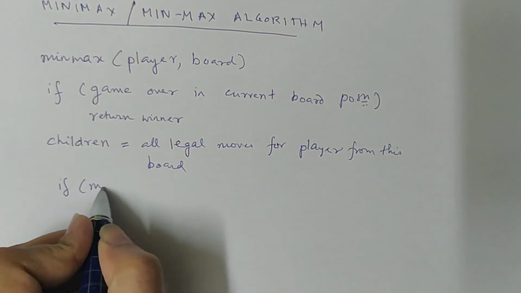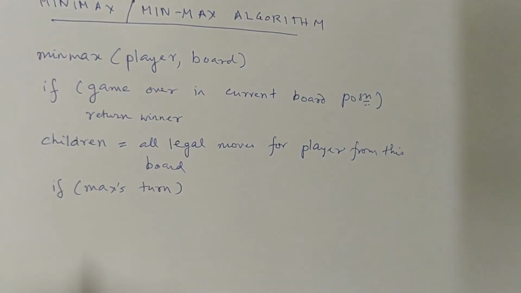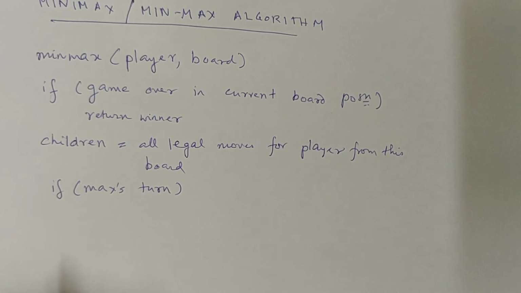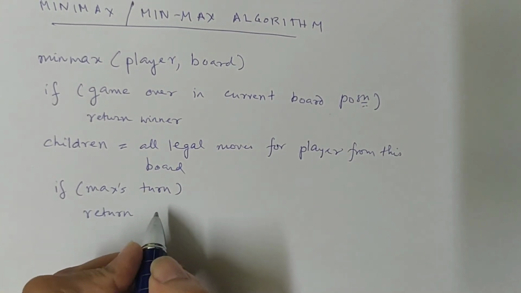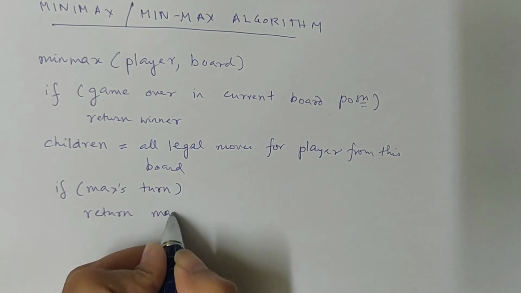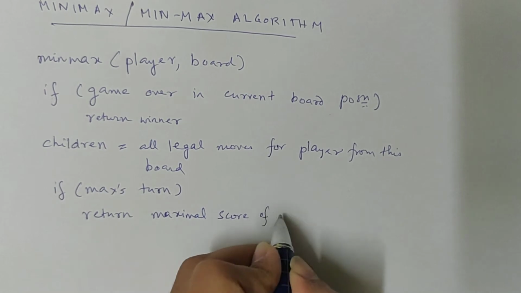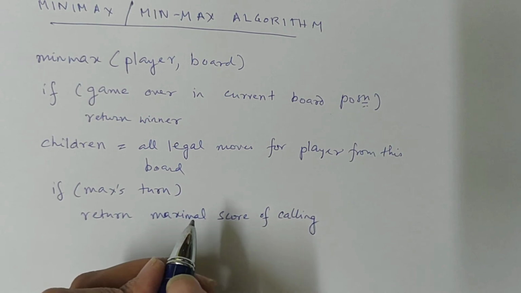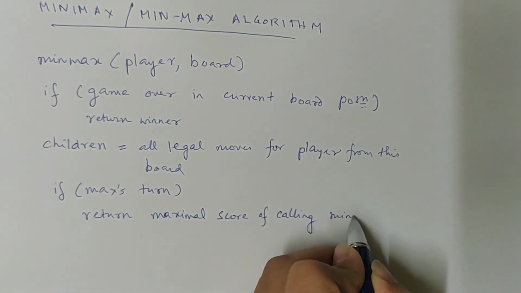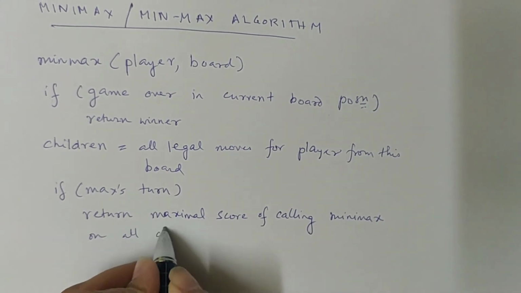If it is Max's turn, return the maximal score of calling minimax on all children.